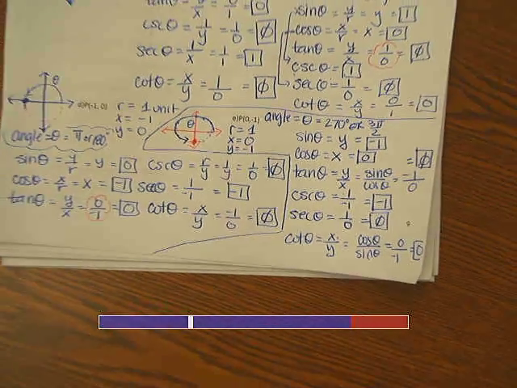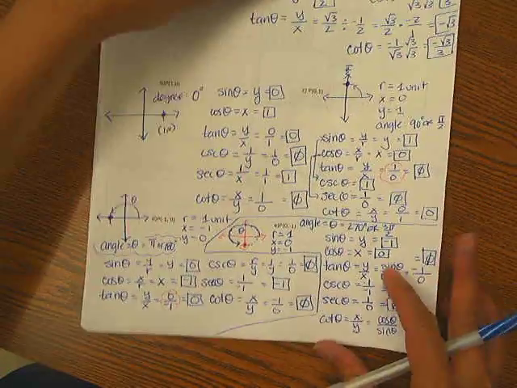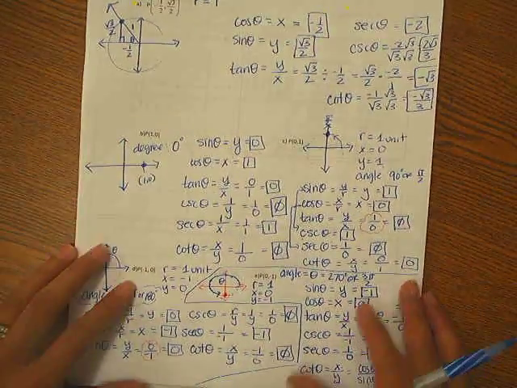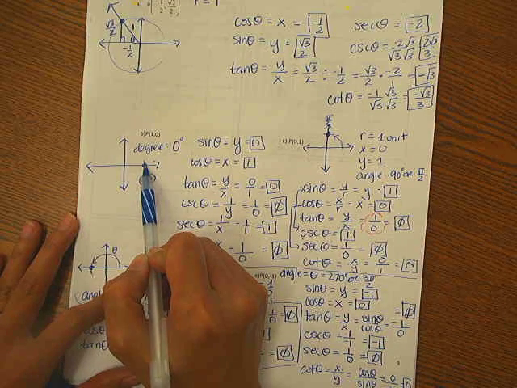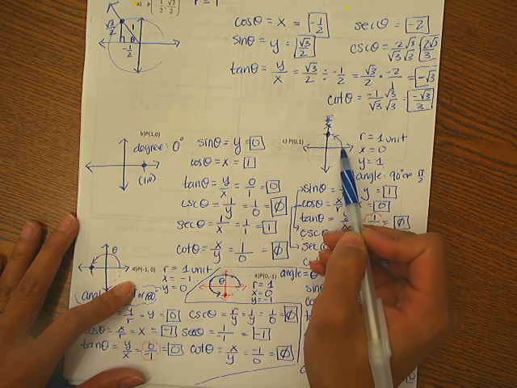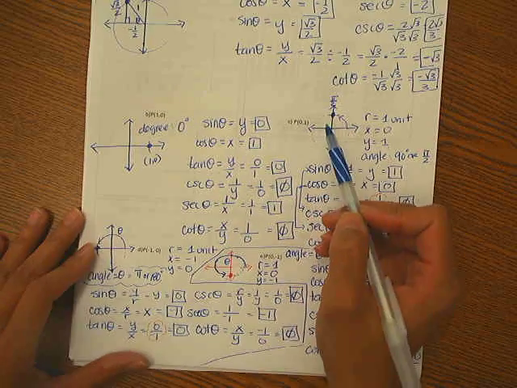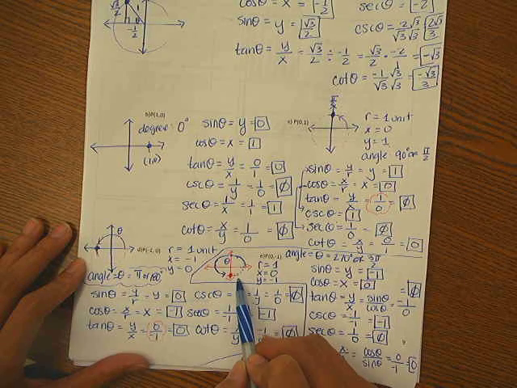Let me just zoom out to have a big picture here. Let's recap. We started with 0 degrees, which is the same as 360. Then we moved to 90 degrees, then we continued with 180, and then we ended with 270.